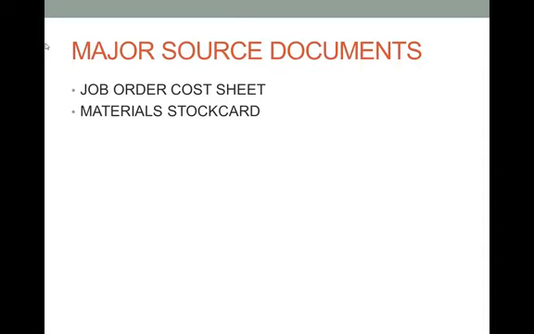Next, the third major source document: finished goods stock card, for those that are completed. These records are the perpetual book inventory of costs and quantities of completed goods held for sale.